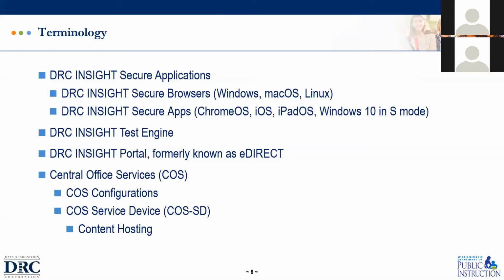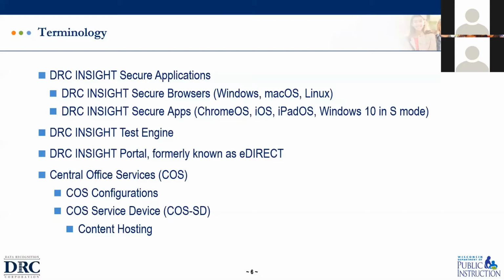We'll be referring to that in this presentation pretty frequently as the DRC Insight Portal, and then in parentheses eDirect, as we make the transition from the old terminology to the new terminology as the DRC Insight Portal becomes that one place to go for everything.